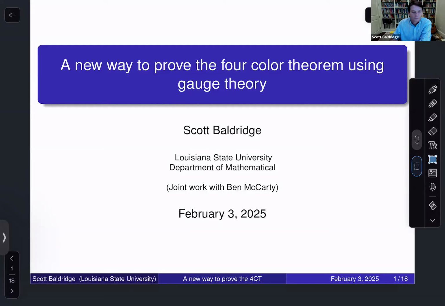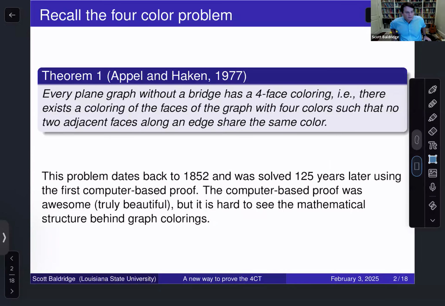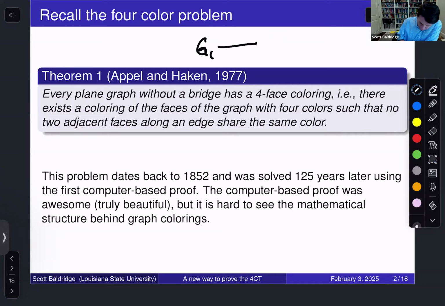All right. First of all, you should always start off with what the four-color theorem is. It's that every plane graph, and I'm going to think of them as trivalent graphs, so at every vertex there are 3 edges, without a bridge, can be 4-face colored. A bridge means there's one graph, and then there's a bridge to another graph, where they can be separated by deleting the bridge.